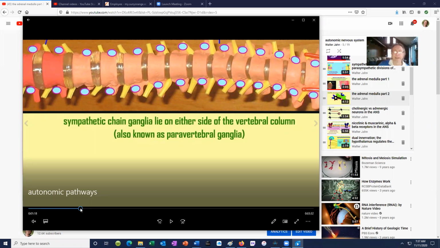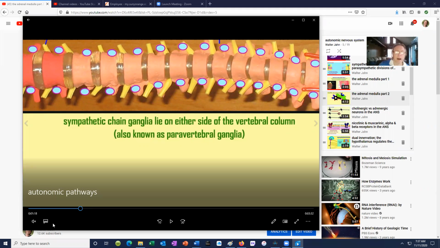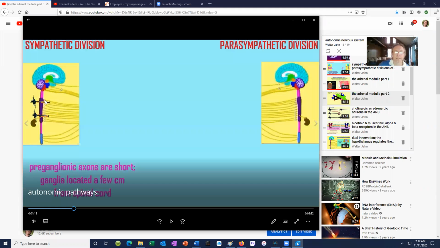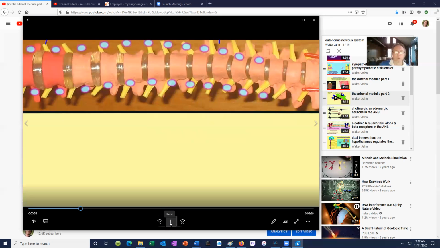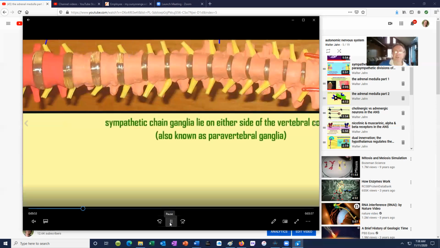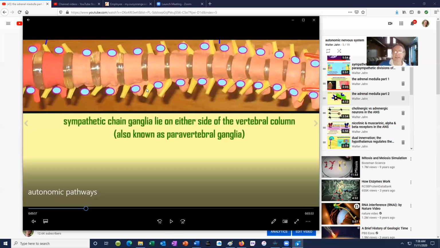The sympathetic division can signal through epinephrine released as a hormone, but most of the signals are then once again going through those ganglia. The ganglia, which lie here, these white dots on either side of the spinal cord, they are called the sympathetic chain ganglia. So they're part of the sympathetic division, and they exist as a chain on either side of the vertebral column.